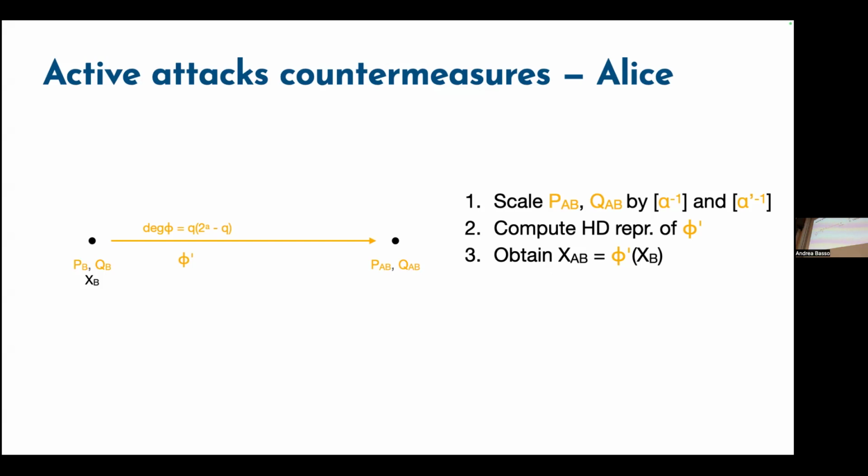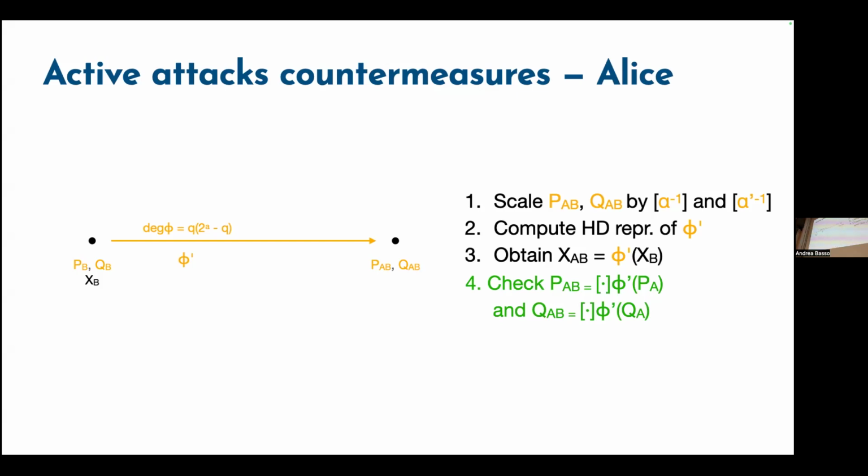What we argue in the paper is that as long as we introduce an additional check, after we recompute the isogeny phi prime, we remap PB and QB under this isogeny, and we check that what we get is exactly PAB and QAB up to scalar, then this is enough to prevent any kind of adaptive attacks against these isogenies.